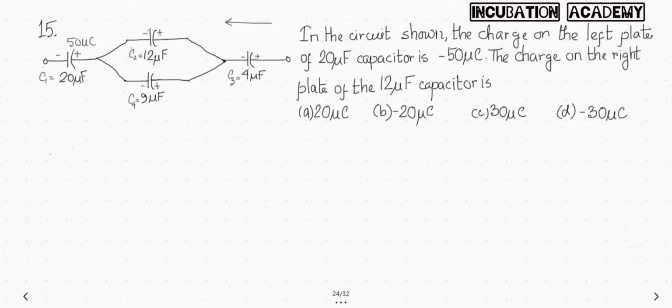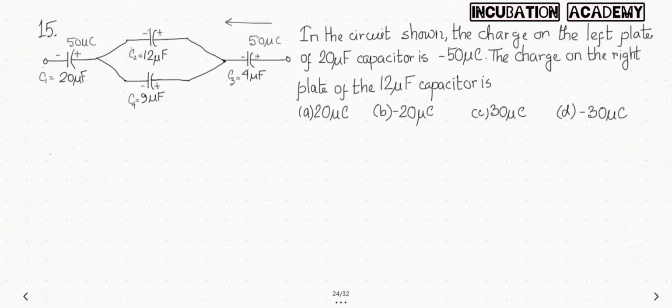If the 20 microfarad capacitor has 50 microcoulomb, then since the 20 microfarad capacitor C1 and the 4 microfarad capacitor C3 are in series combination, C3 also has 50 microcoulomb charge on both plates. Obviously C2 and C4 are in parallel combination, two branches are there, but C1 and C3 we can see in series.